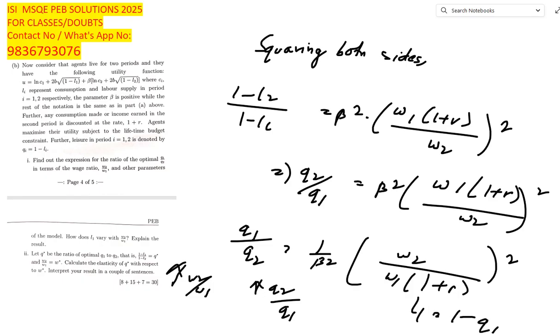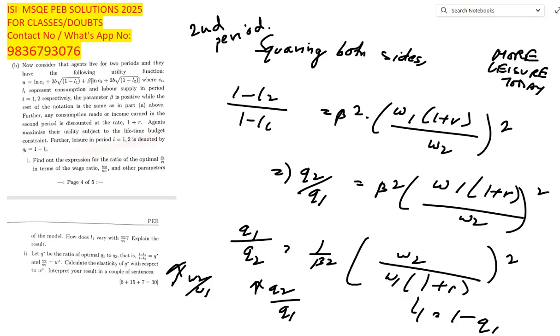So if future wages become attractive relative to present wages, then the agent prefers more leisure today.